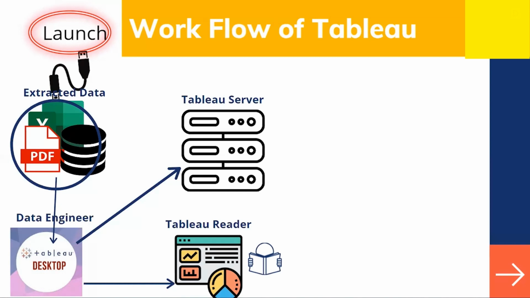Once you have launched it, the first and foremost thing you will try to do is connect to the databases. Meaning, for whatever data you want to perform visualization on, that data needs to reside in your Tableau. That's the first step. So exactly, we need to connect to the database.